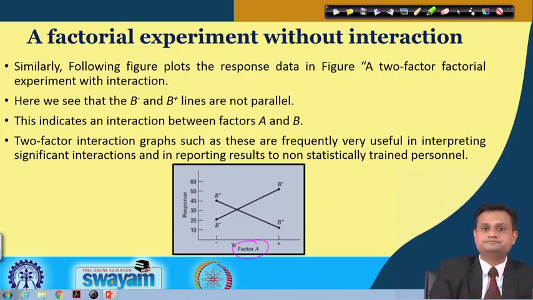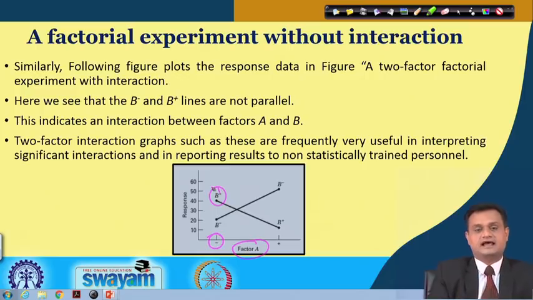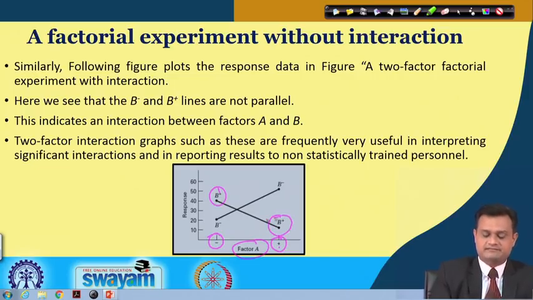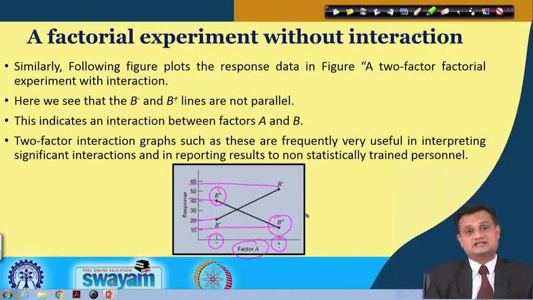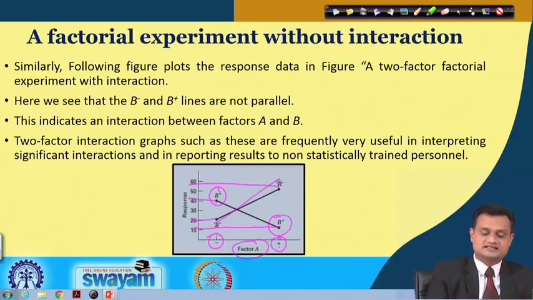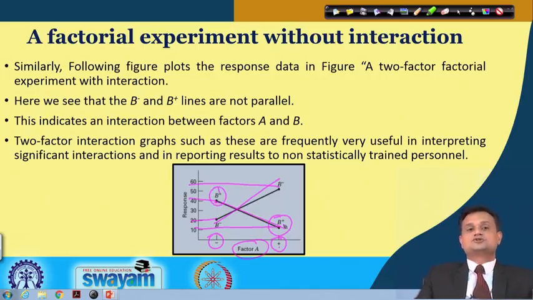I have factor A set at low level, and I am taking the value of B plus, and then when I change factor A to higher level plus, and again I am setting B plus, then I have a change in response. Similarly, when I see B minus and B minus, there is a change in response, and you can see that these two lines are not parallel. So there is something called interaction that is prevailing in the system.